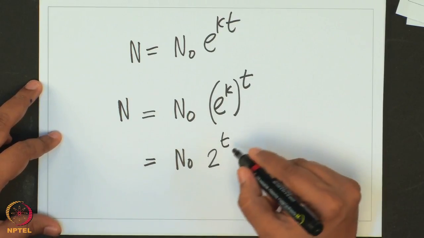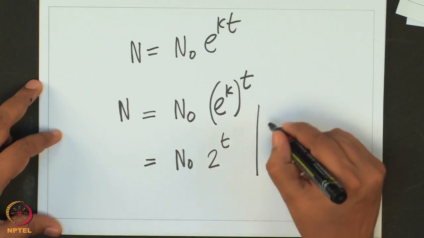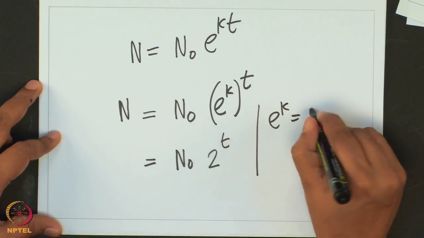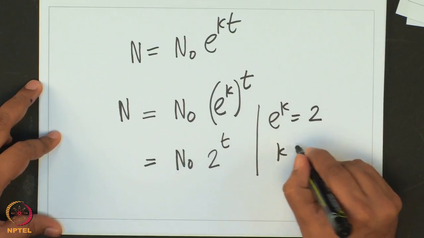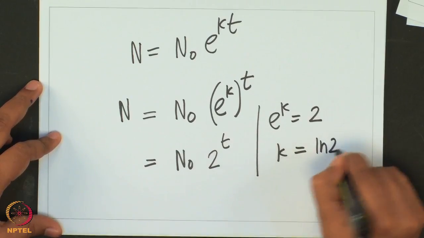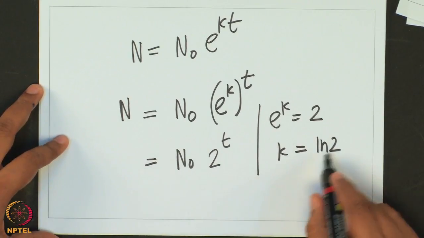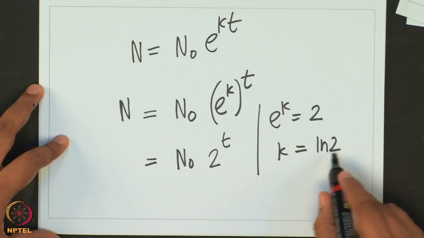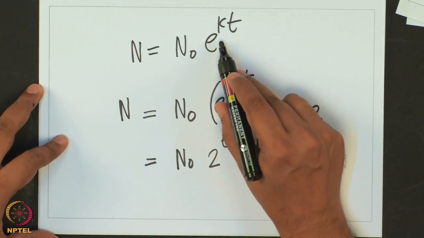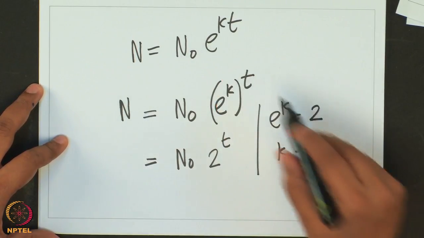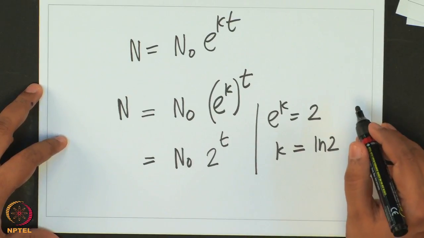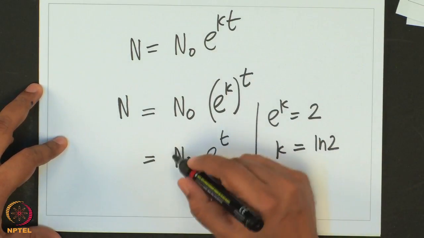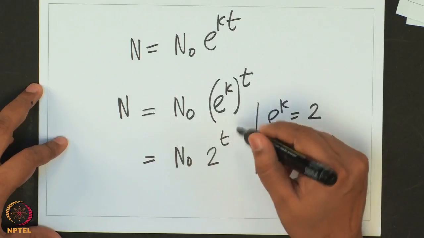If I write it as 2 power t, what would this mean? It would mean e power k is equal to 2, which would mean k is equal to log 2. So if k is natural log 2, that is my rate, this would mean that n is equal to e power 2.